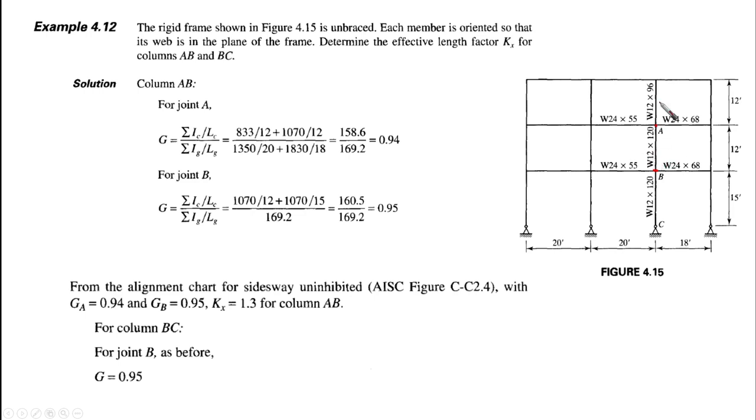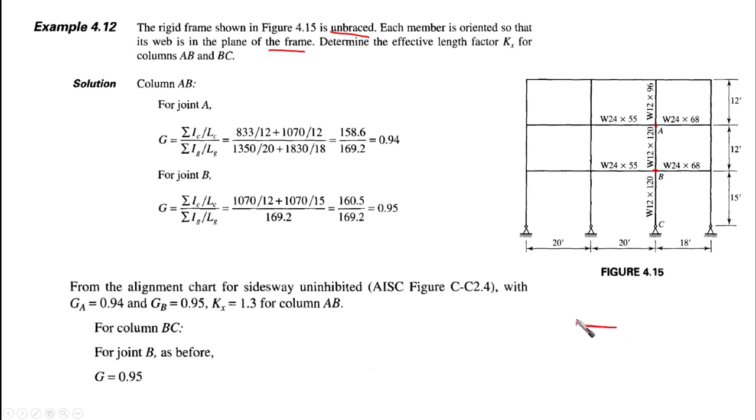This frame is an unbraced frame, so it is considered a moment frame, or the sway is permitted. Each member is oriented so that the web is in the plane of the frame. I mean the web is going to be in the plane of the frame, which means the strong axis is in the plane of the frame.